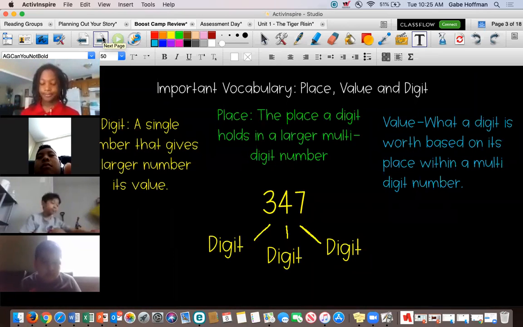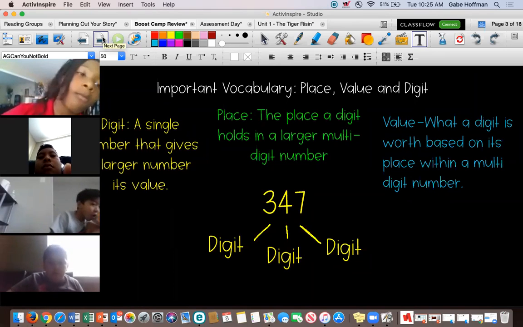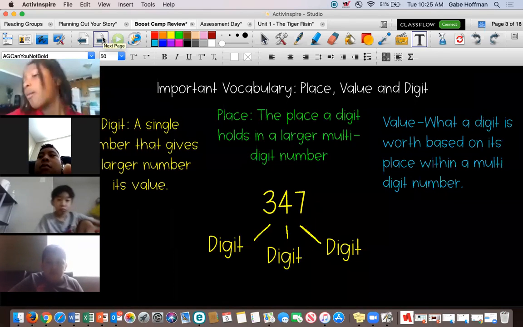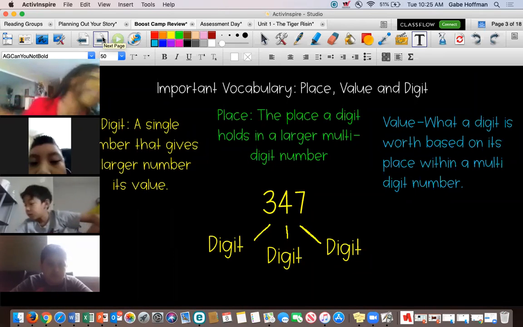Okay, so we're going to review some vocabulary as we get started. So, Alejandro, read to us what a digit is.